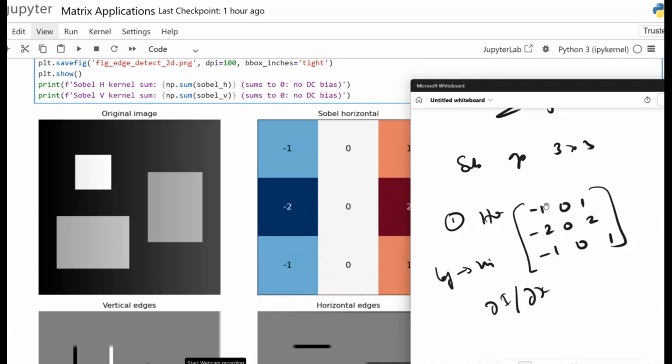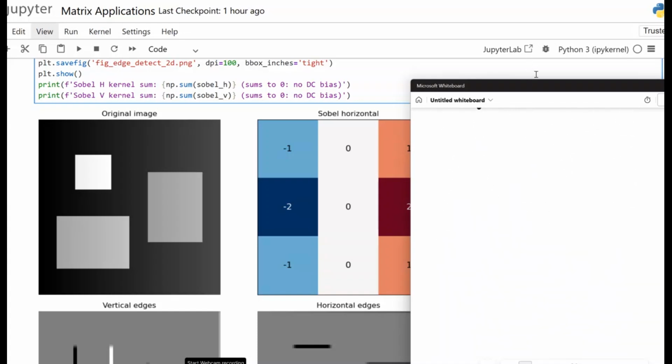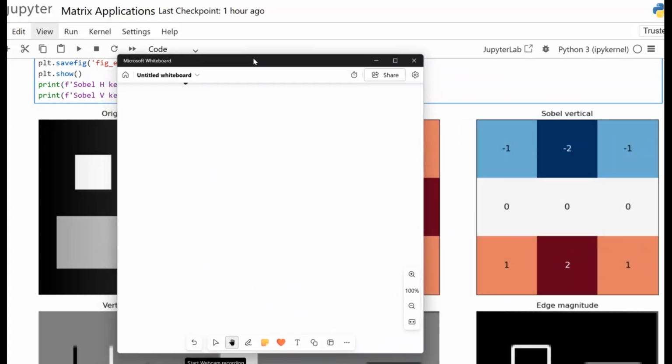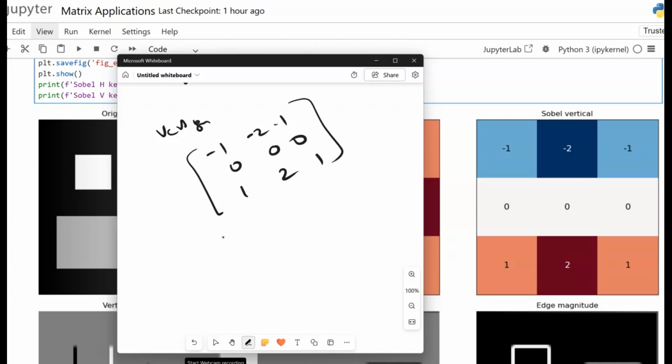And when going towards the vertical Sobel, kindly observe, here we have minus 1, minus 2, minus 1, and 0, 0, 0, and next 1, 2, 1. This one detects the horizontal edges with an approximation of dou I divided by dou y.